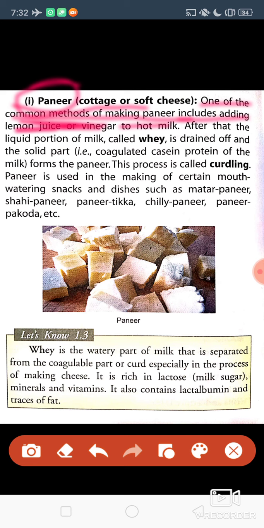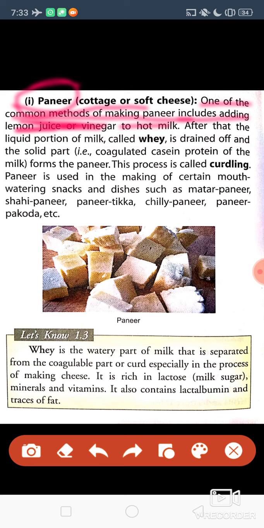Then after that, the liquid portion of milk, called whey, is drained off, or separated from the solid part. So while making paneer, if we put lemon into it, what will happen? The solid part and the liquid part will be separated.